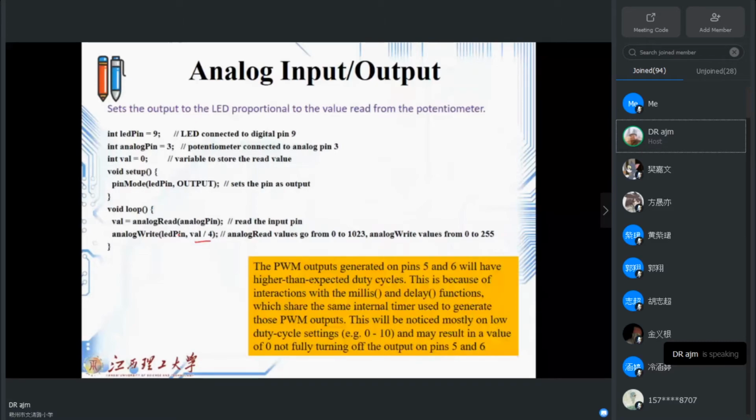Suppose you want a duty cycle between 0 and 10, it may result in a value of 0 not fully turning off the output on pin number 5 and 6. Just remember this, and it's better in some specific applications to use pins 5 and 6 carefully.